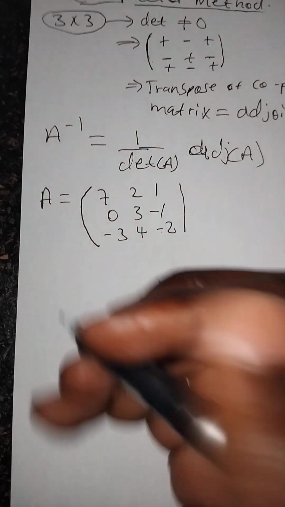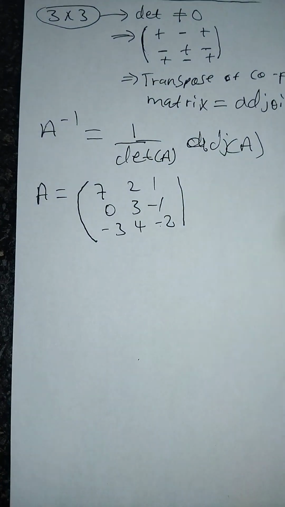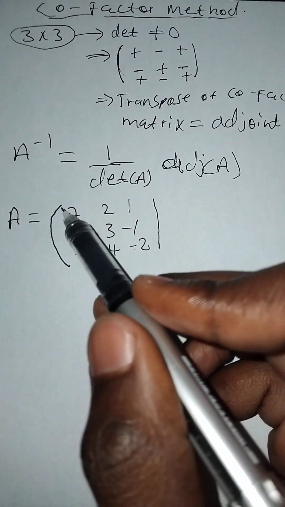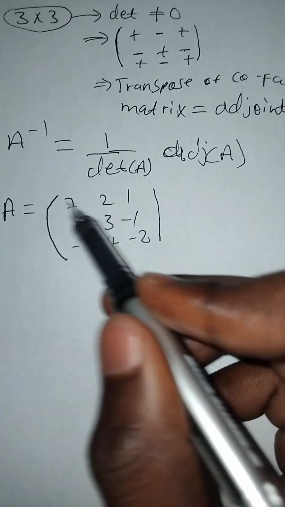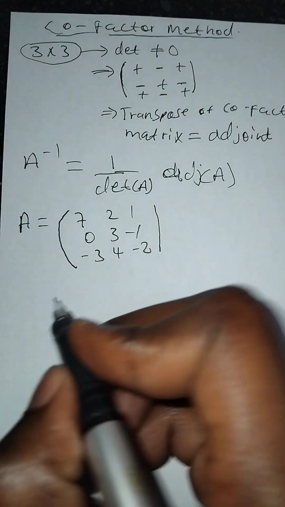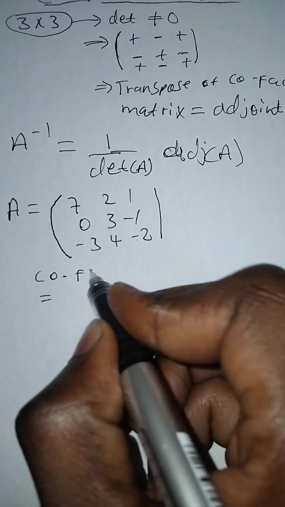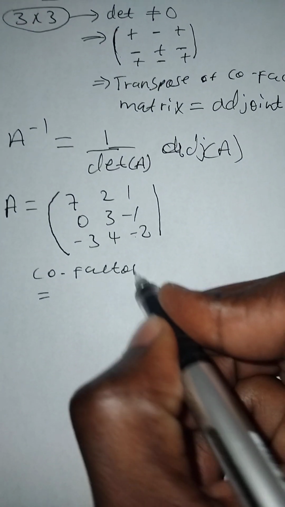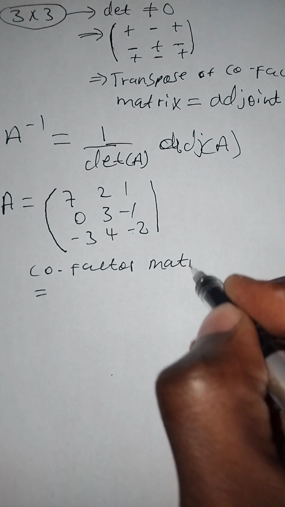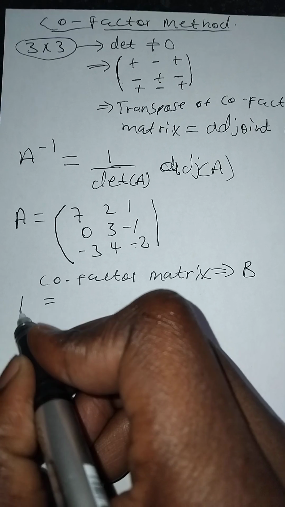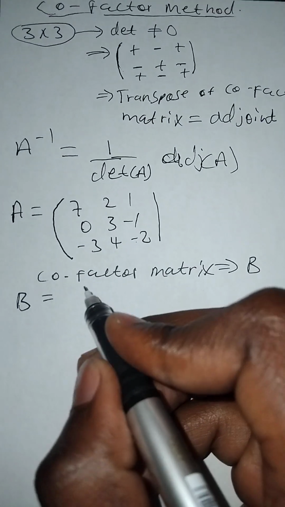So the first thing that we are going to do is to find the cofactor of each entry, and when you do that, do not multiply by the entry itself. So we want to find the cofactor matrix. Let's call it B, for simplicity.